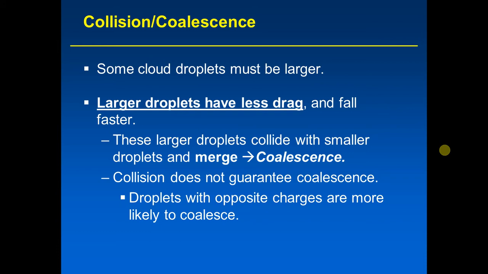The speed of the falling drop increases until the air resistance equals the pull of gravity, or force of gravity. At this point, the drop continues to fall but at a constant speed known as terminal velocity. Recall from physics, terminal velocity is basically the maximum speed of a falling object, okay?